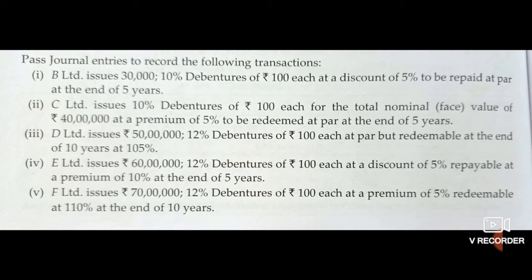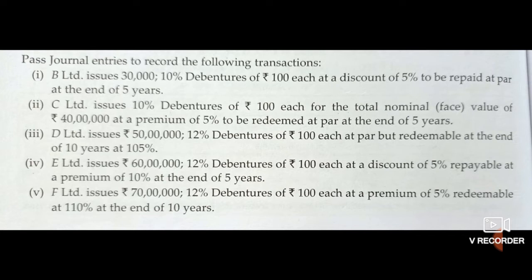Pass journal entries to record the following transactions. B Limited issues 30,000 10% debentures of ₹100 each at a discount of 5% to be repaid at par at the end of 5 years.